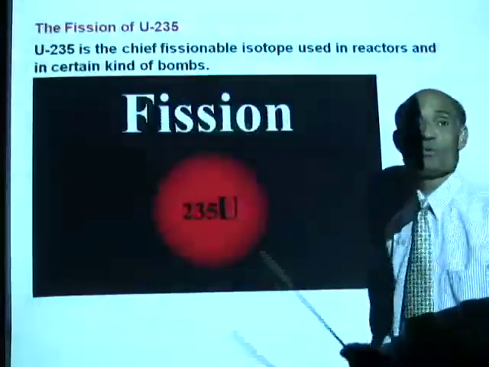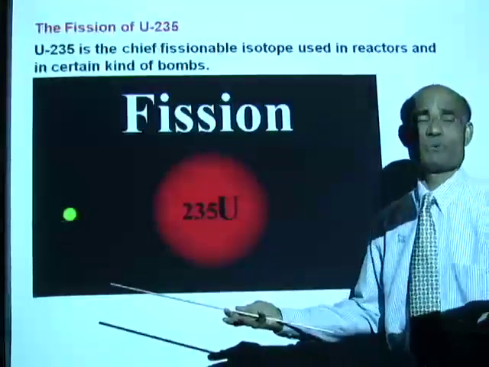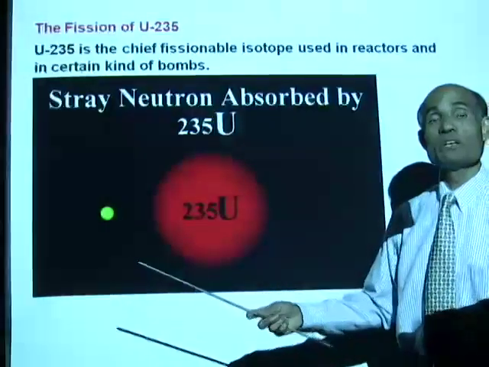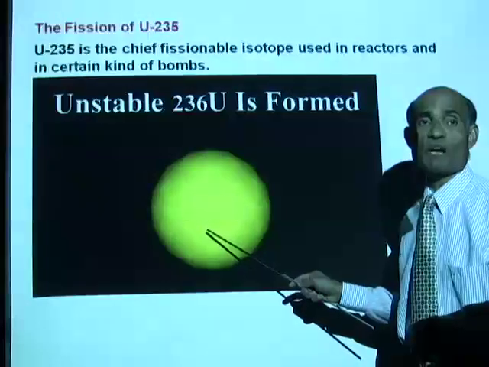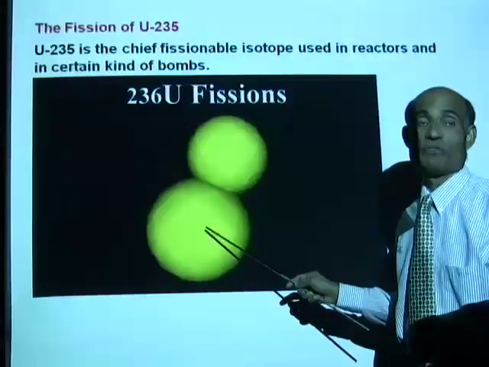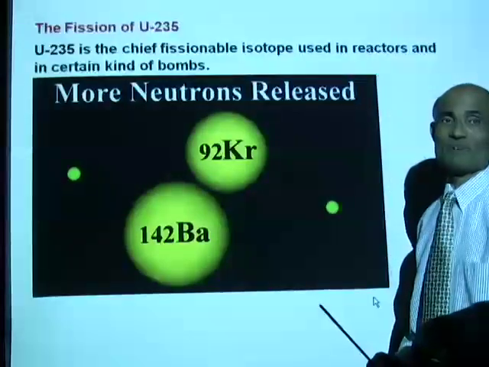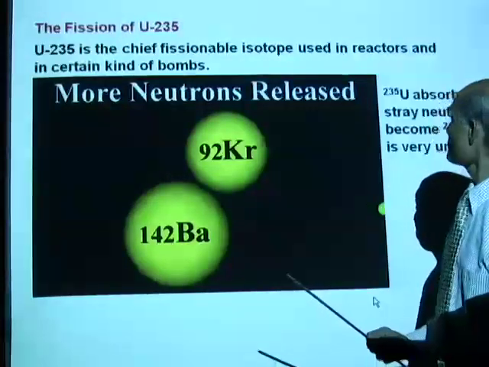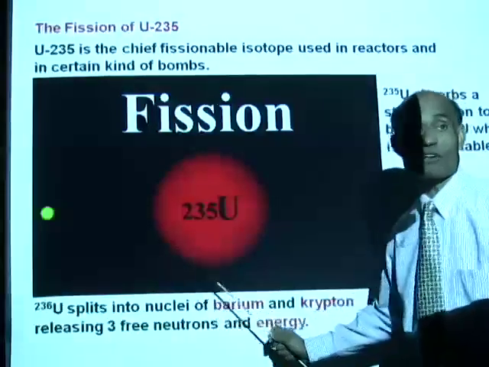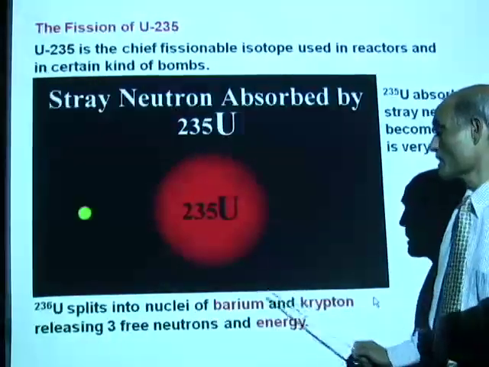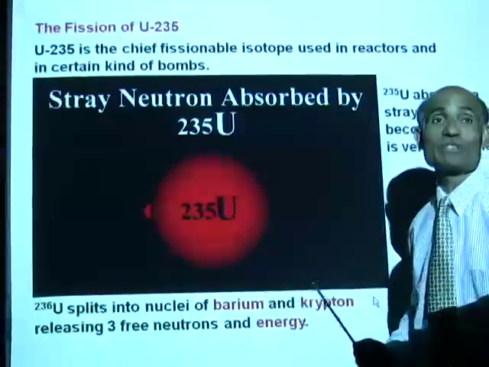You see only 2 free neutrons there. Well, in most cases that may be true, but in some cases there may be 3 free neutrons. So this is the process of the fission of uranium-235. So the fission products are barium, krypton, 3 free neutrons, and of course energy.